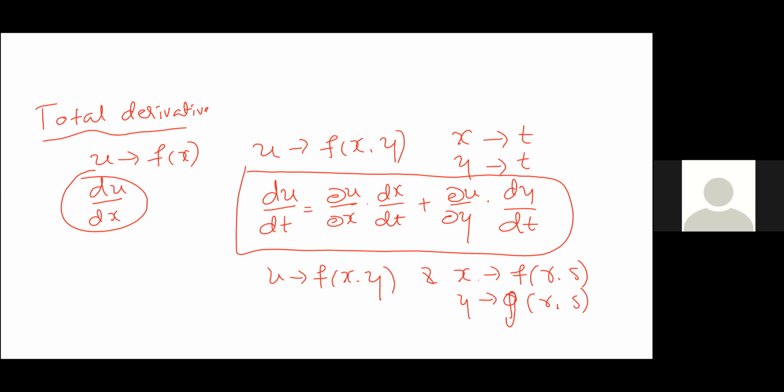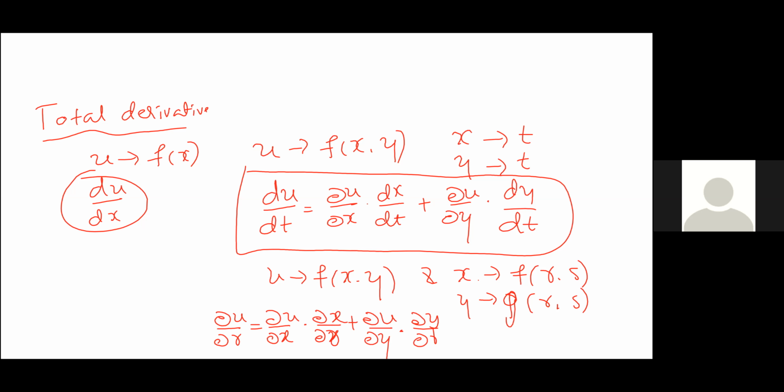So you have to apply the chain rule. Here dou u by dou r will be given by dou u by dou x into dou x by dou r plus dou u by dou y into dou y by dou r. Similarly, dou u by dou s is obtained just by replacing r by s, and then you will get the other derivative.